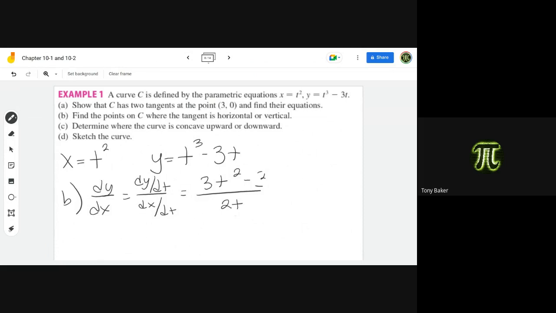So horizontal slopes are where what happens? Horizontal would be where the tangent is 0, flat. No slope. So I want to know when this equation equals 0. So I set the top equal to 0. That's going to give me my horizontal lines.